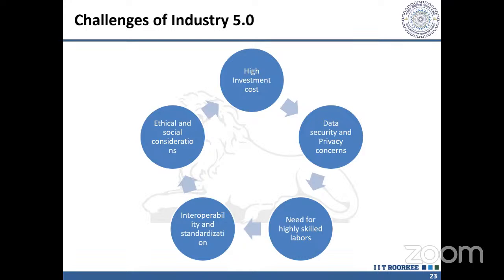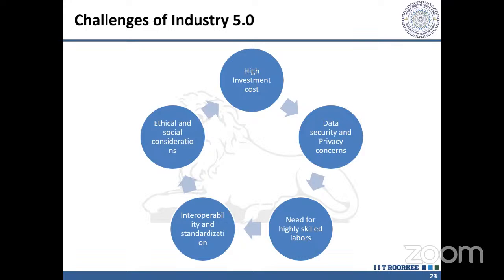So the next challenge is data security and privacy concerns. It relies heavily on real-time data analytics, which creates concern around data security and privacy, so a company needs to ensure that its data is protected from cyber threats, and that it complies with the regulations around data privacy.